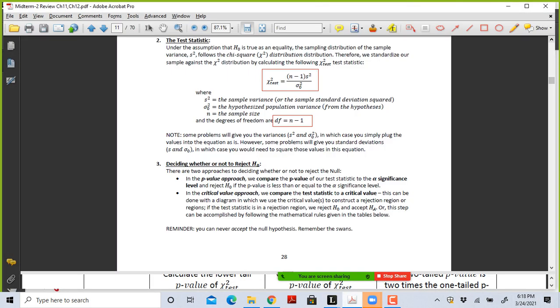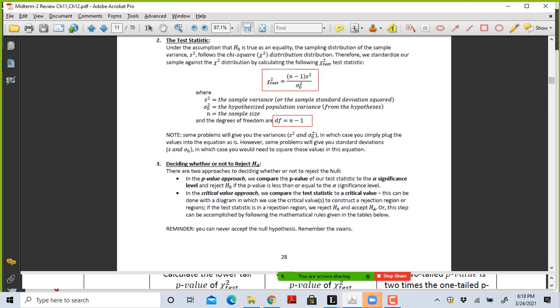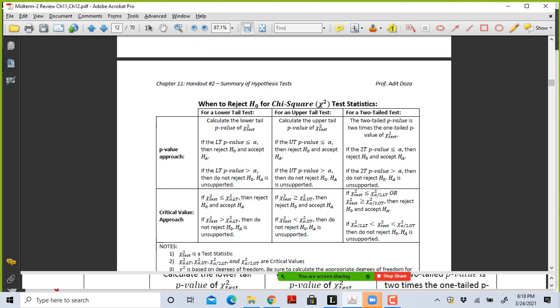So we did a problem here and it's pretty straightforward. Next one. You guys know this condition, when to reject, when not to reject. For a two-tailed test with the critical value approach, these are the conditions that need to be fulfilled. So write the conditions in your cheat sheet.